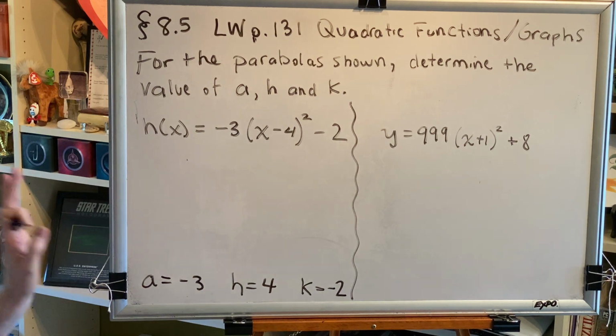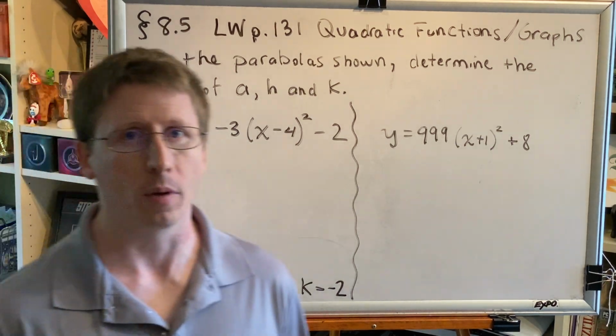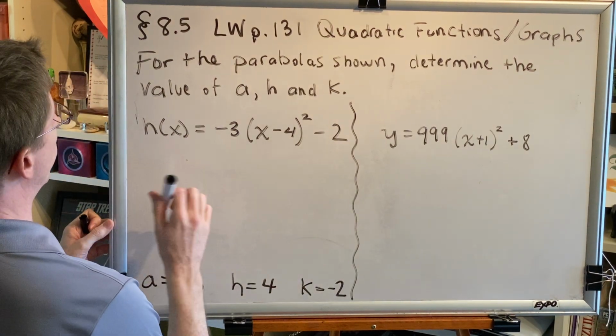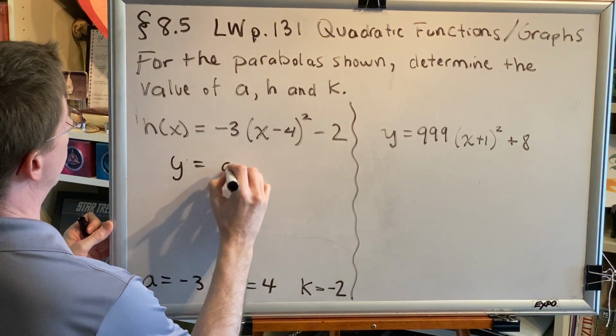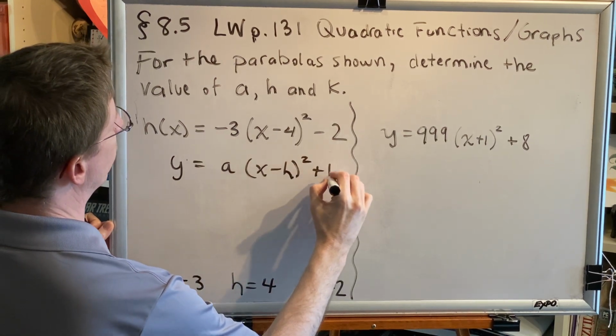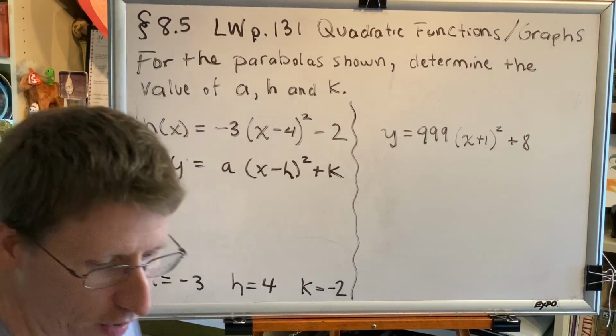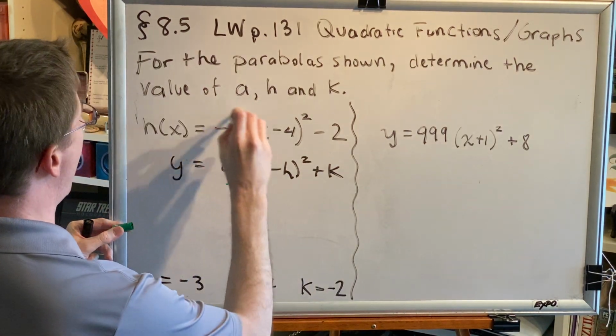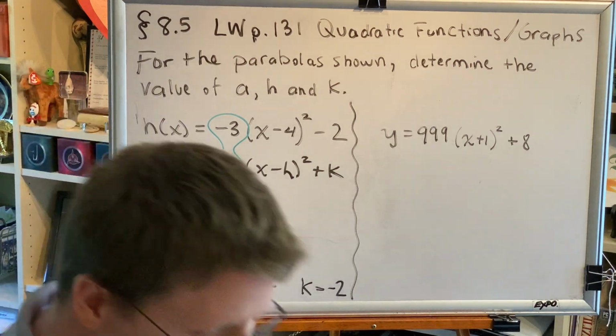Now I'd like to present another way of solving this same problem, and then you get to choose which way you like best. The other way is to put the vertex form directly underneath your equation, and then line everything up algebraically. So, for example, we can see here that a is equal to negative 3.